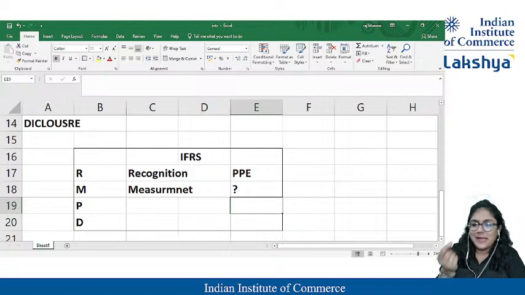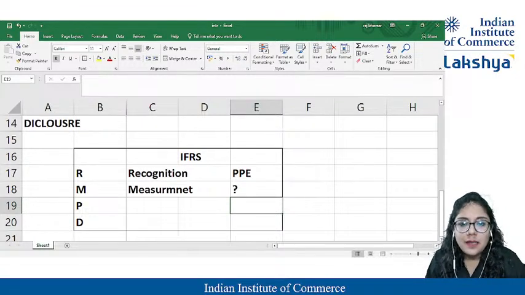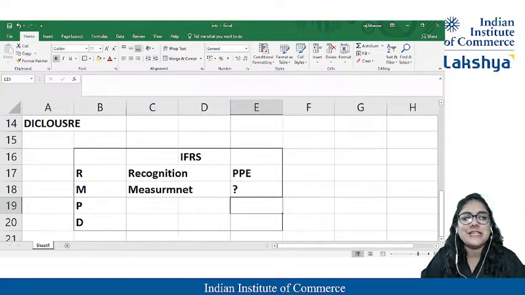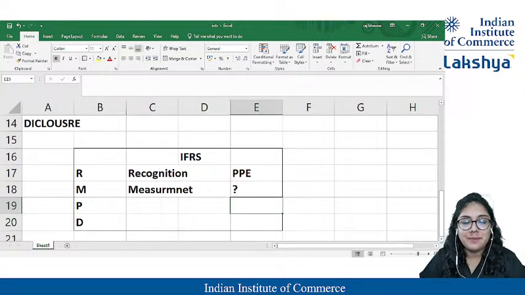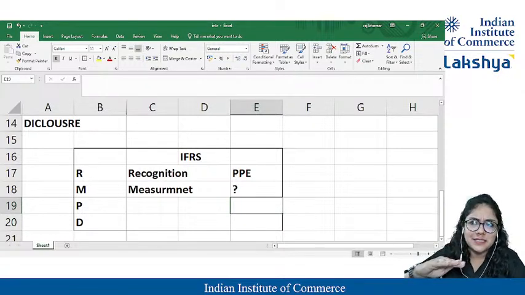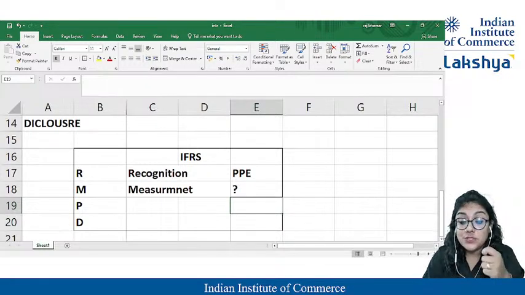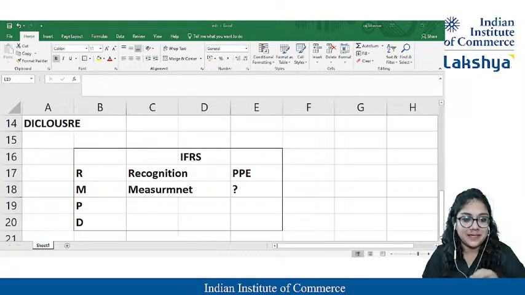Basically, property, plant and equipment is measured initially at cost. Then what about the year end? We know that every year on PPE, we normally charge depreciation based on the useful life. After deducting depreciation, we get a carrying amount, and that carrying amount is compared with the fair market value.